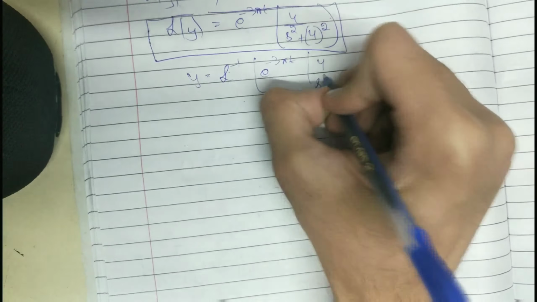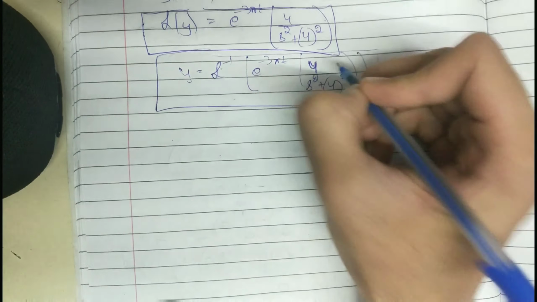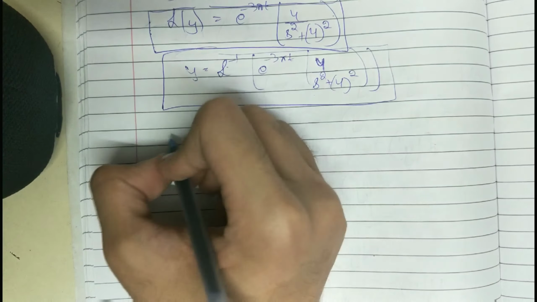Now this can be evaluated using the second shifting theorem, or the time shift theorem that we have, which states that Laplacian of a function that is the product of f t minus a, a function f that is shifted by a, and the Heaviside function or unit step function u, is equal to e raised power minus as F s, where F s is Laplacian of the function f that we have.